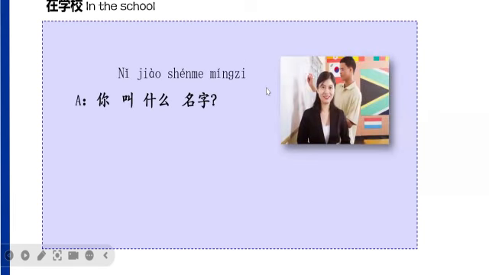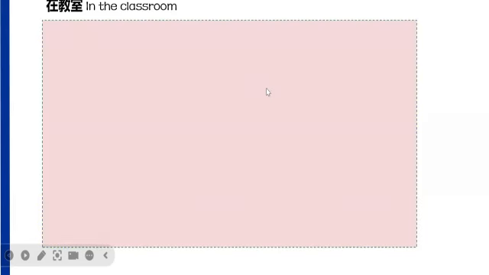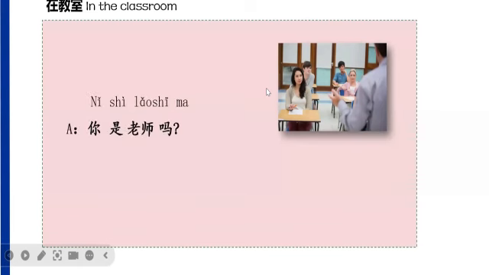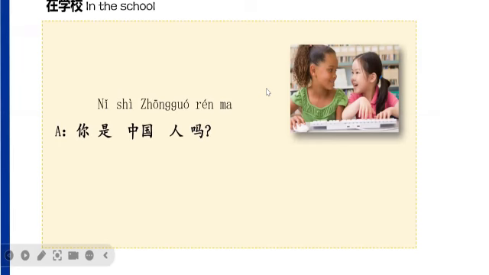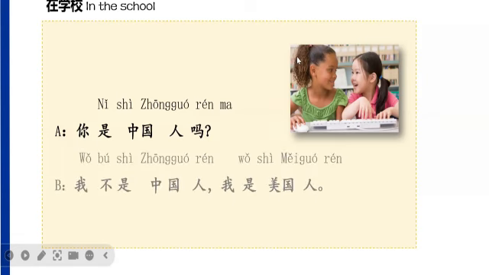Let's make the dialogue from lesson 1 to lesson 3. 你好。您好。你叫什么名字？我叫李。你是老师吗？我不是老师，我是学生。你是美国人吗？你是中国人吗？我不是中国人，我是巴基斯坦人。非常好，谢谢，不谢，谢谢你，不客气，对不起，没关系，非常好，再见。再见。Very good.